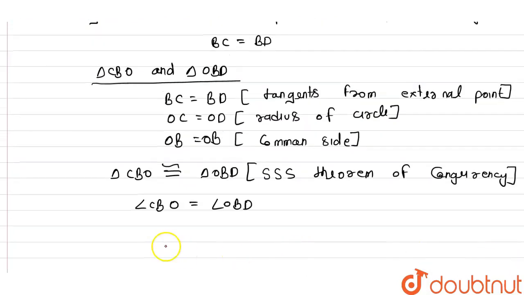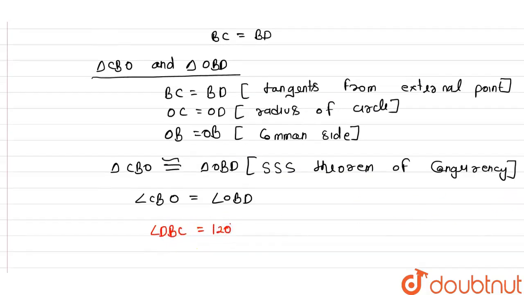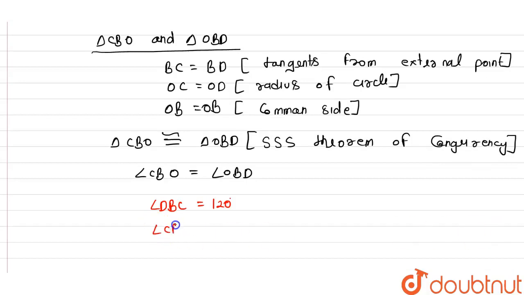So we can write angle DBC as angle CBO plus angle OBD equals 120. Since angle CBO equals angle OBD, we write angle CBO plus angle CBO equals 120.